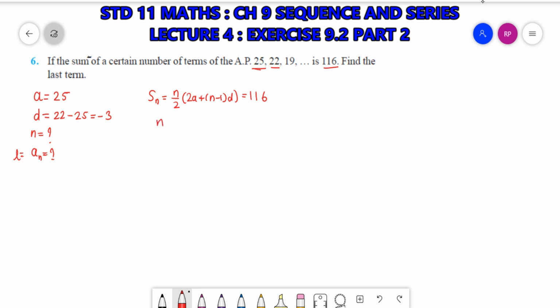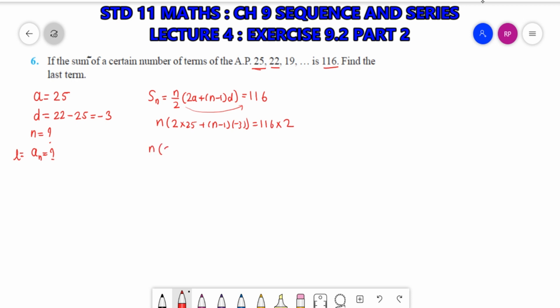And when I take 2 on the other side, 2a, that is 25, plus (n minus 1) into minus 3, that will be equal to 116 into 2.